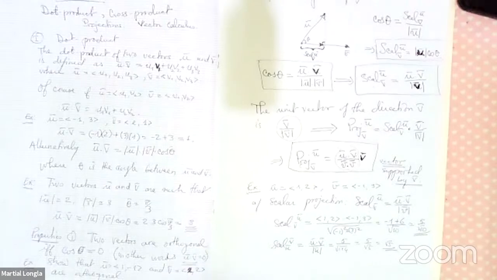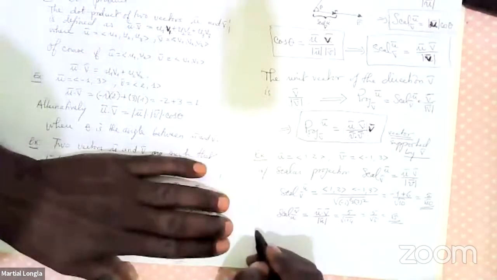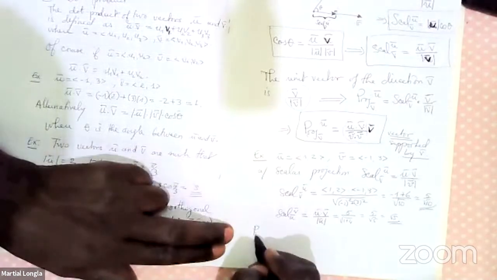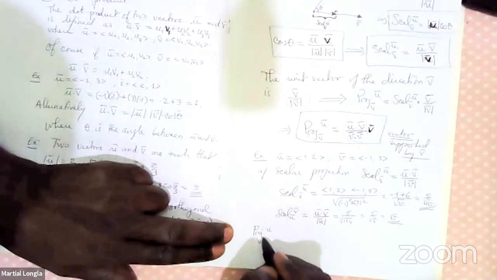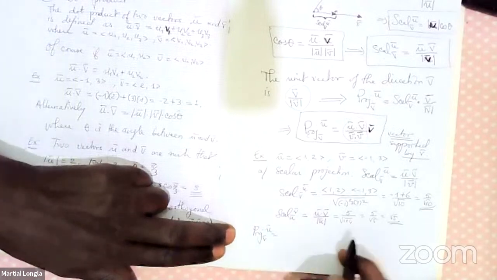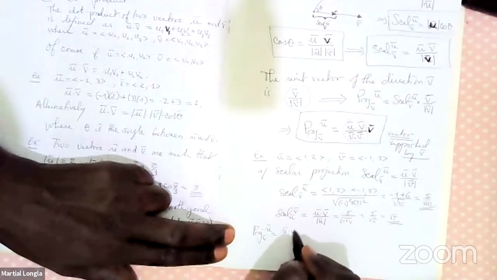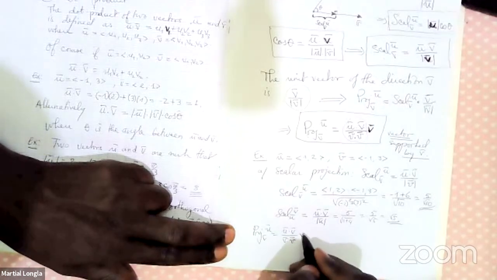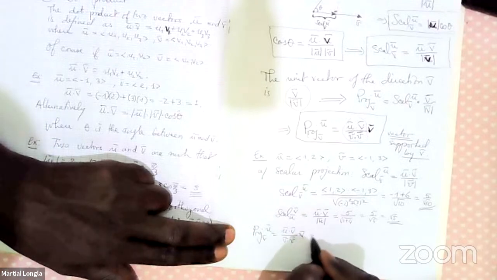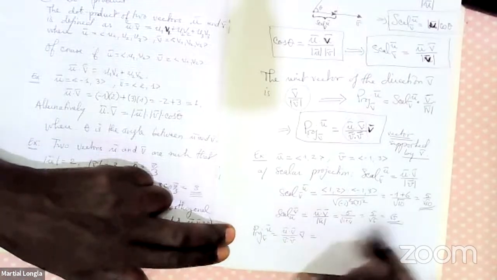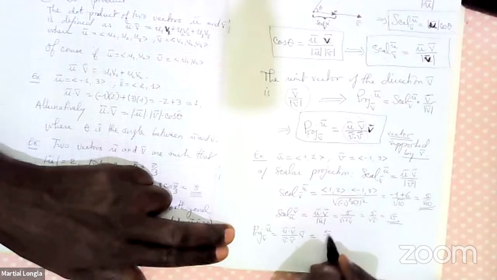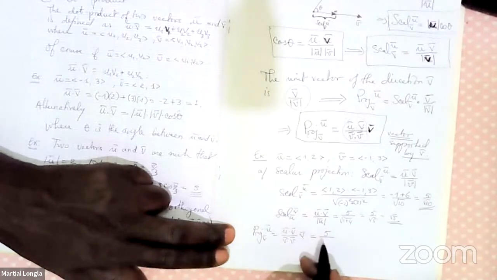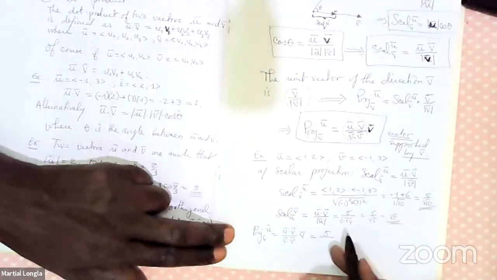Now, what if we want to find the vector projection? So we say the projection of u onto v. That's going to be u dot v over v dot v times v. And u dot v is 5 over v dot v, which is the magnitude of v squared.